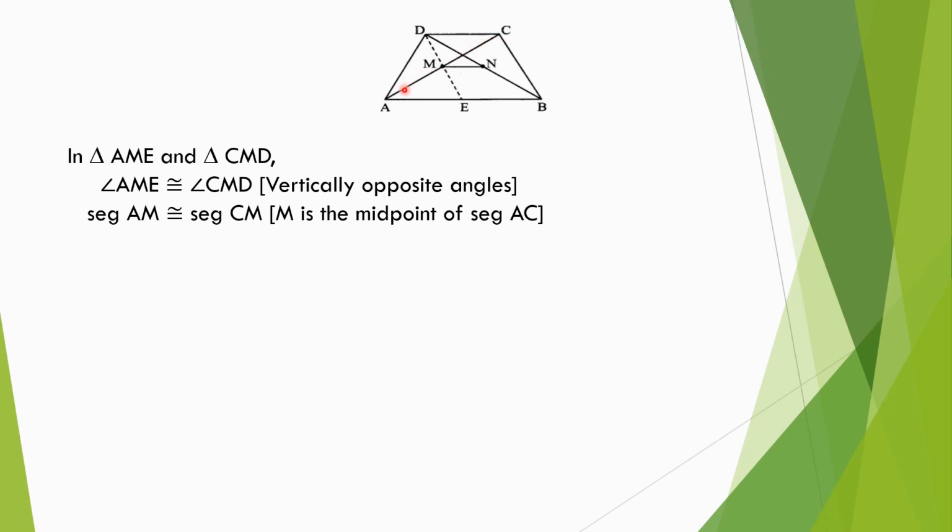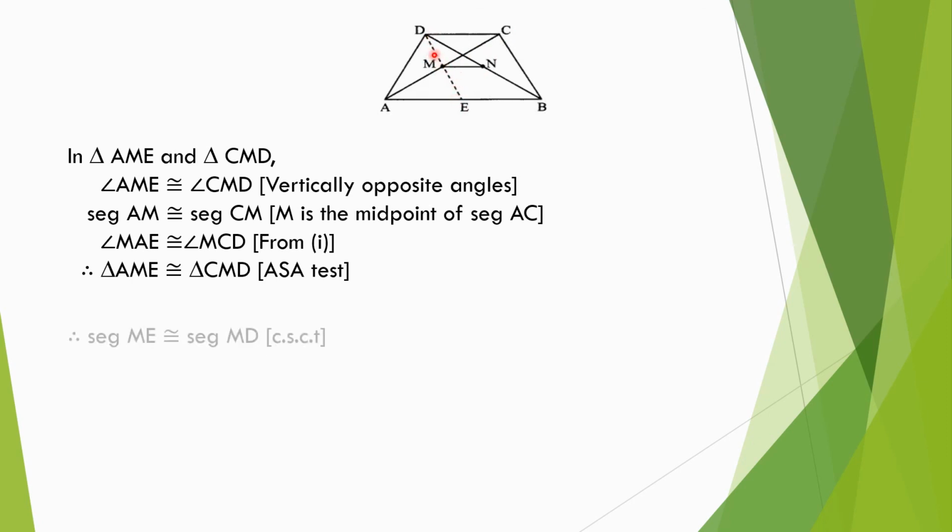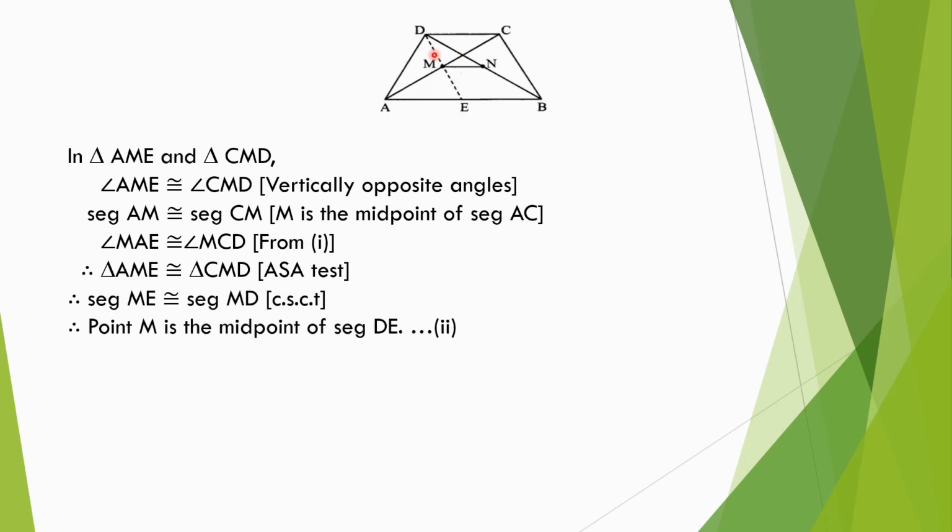And next is angle MAE congruent to angle MCD from equation 1. Therefore, here angle side angle. By ASA test, triangle AME congruent to triangle CMD. And by CSCT, segment DM congruent to segment ME. Therefore, point M is the midpoint of segment DE. That is the equation number 2.